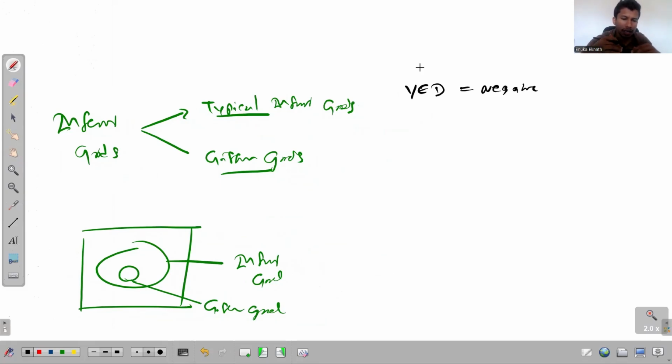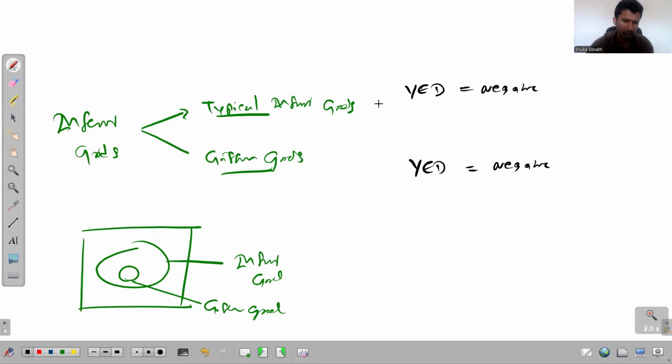Because we have a negative relationship between income and demand. So we have a negative value for YED. Even for Giffen goods, if you look at the YED, the income elasticity of demand, since these Giffen goods are inferior, again you will have a negative value.